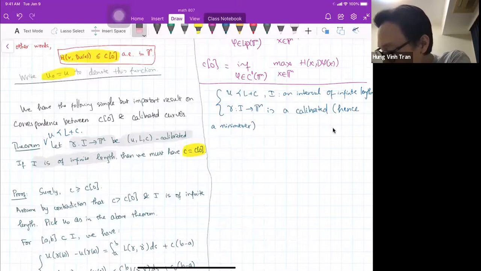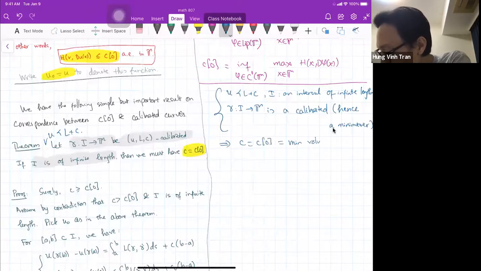If I have these two points, then that would imply that C equals C naught, which is the minimum value of all possible C.